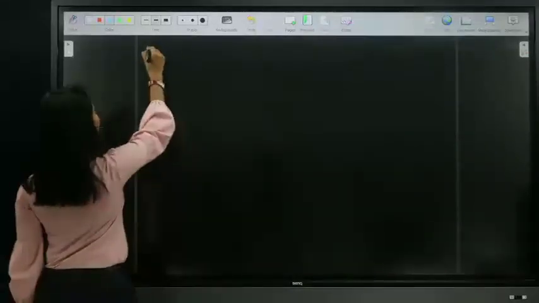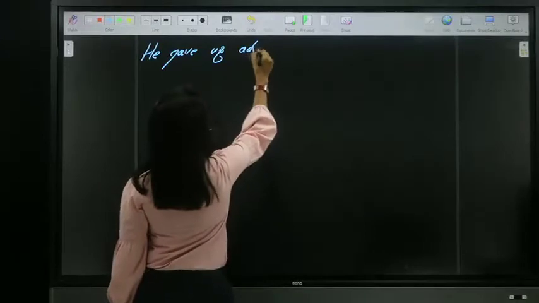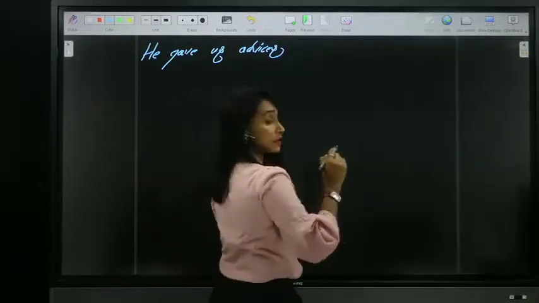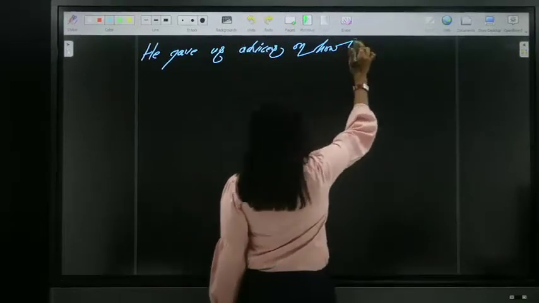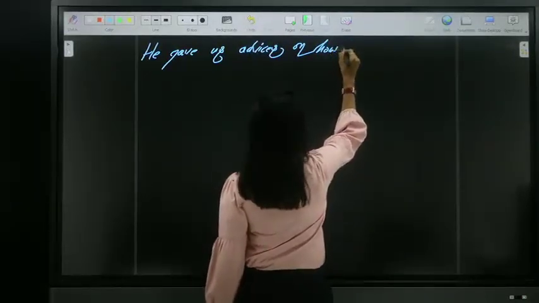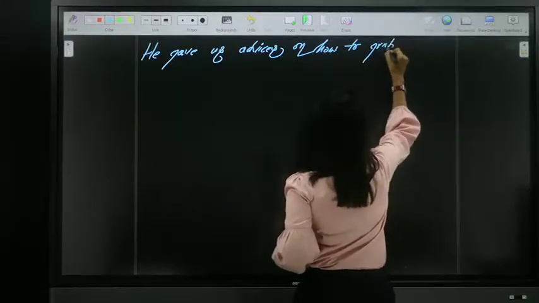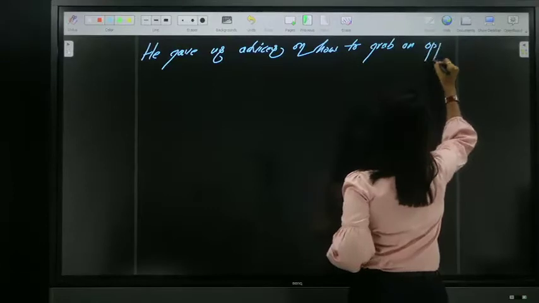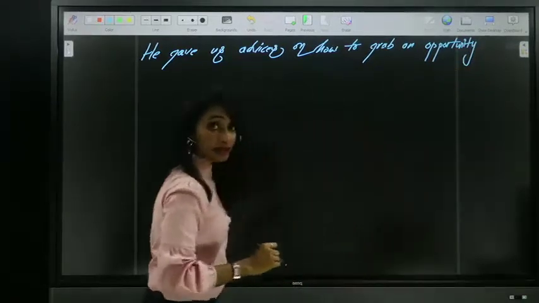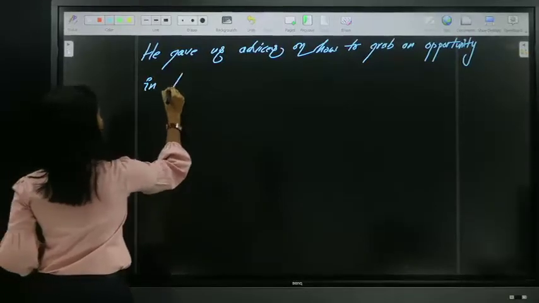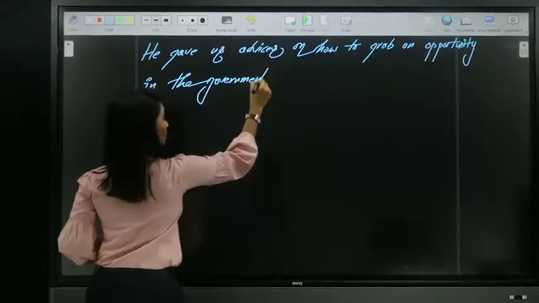Look at this sentence. He gave us advices on how to grab an opportunity in the government sector.